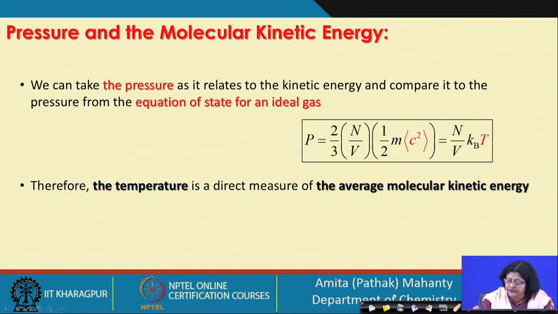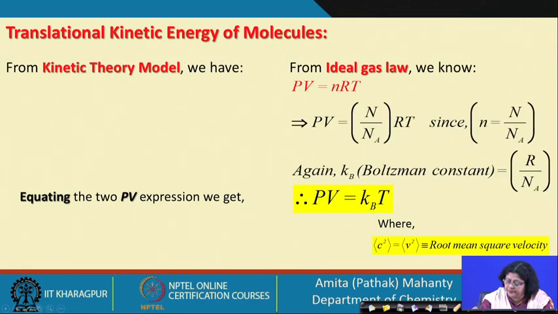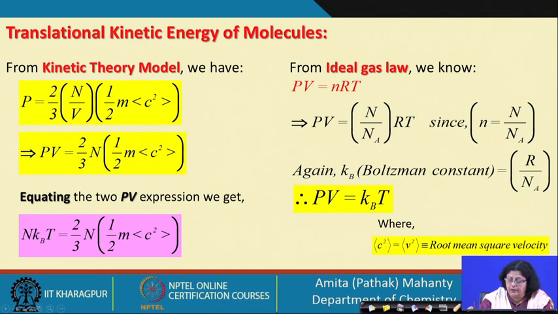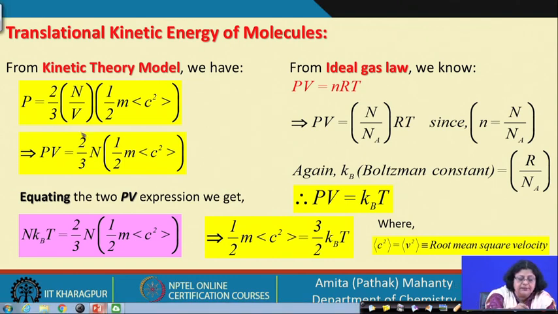We have taken the pressure, and from the pressure expression which we have derived from the kinetic model, if I take V to the other side, I can rewrite it as 2 by 3 n into half m c square. This is the root mean square velocity.